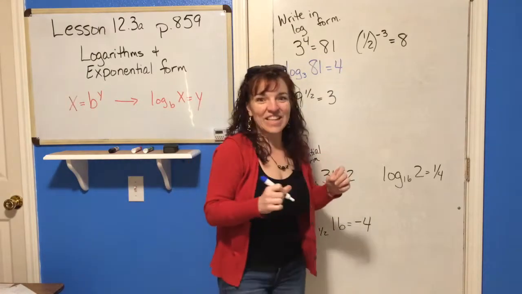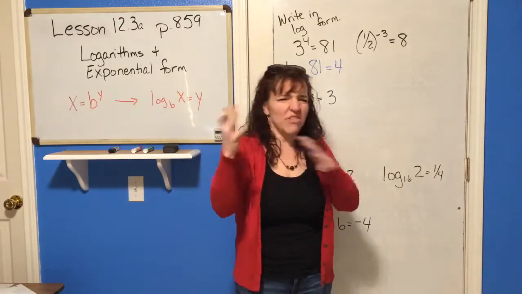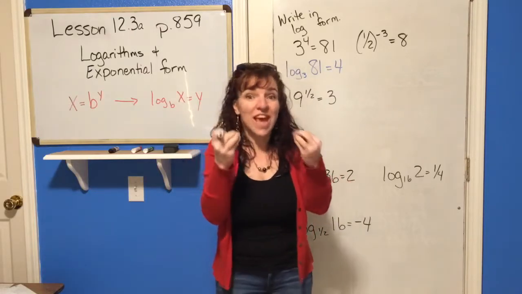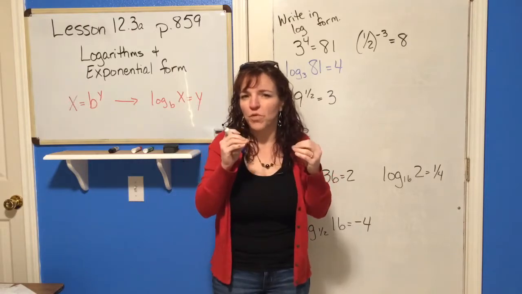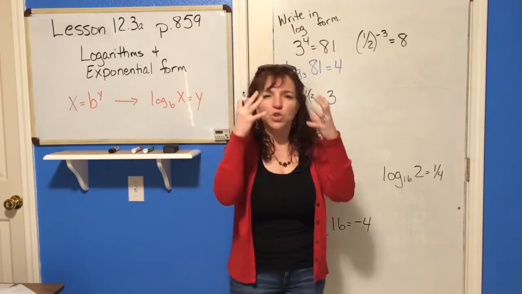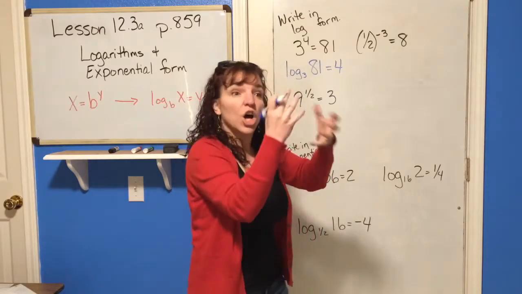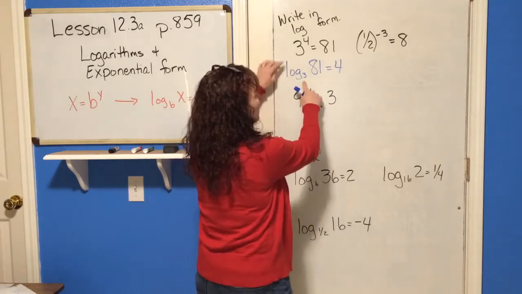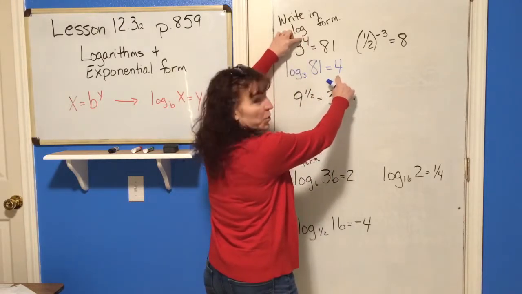All of this is kind of confusing, because why are we doing this? We've never done logs before, and I realize that. All you need to do today is recognize where the parts match up, and we'll do more with it later. A log is going to be handy for undoing exponents. So log base 3 of 81 equals the exponent of 4.